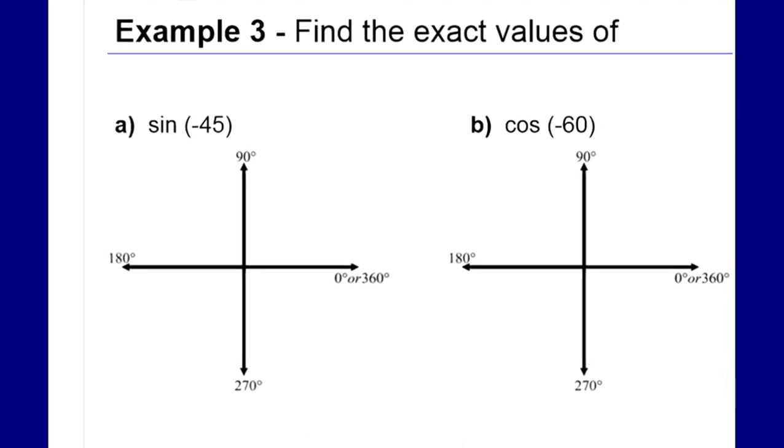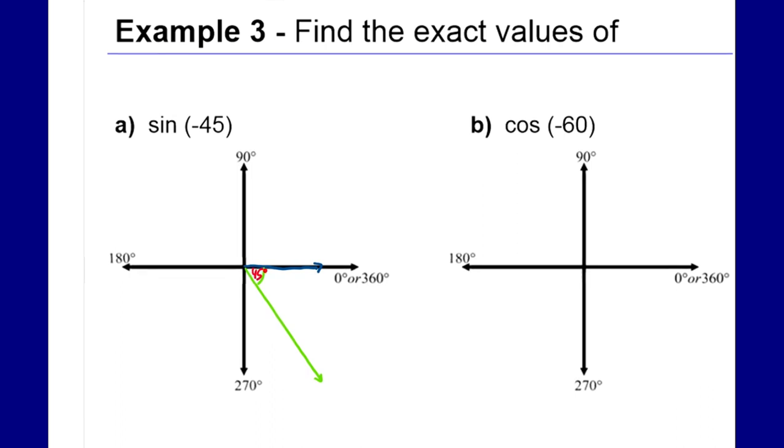Sine of negative 45. Let me draw my initial arm here. Negative 45 means I'm going backwards, or clockwise, 45 degrees to my terminal arm. I don't have to worry about my reference angle because I just know that this is going to be 45.